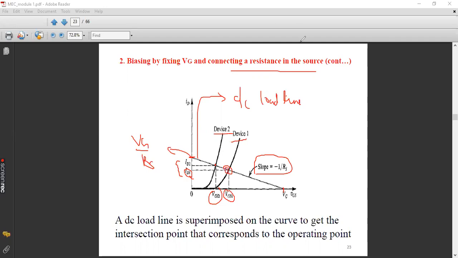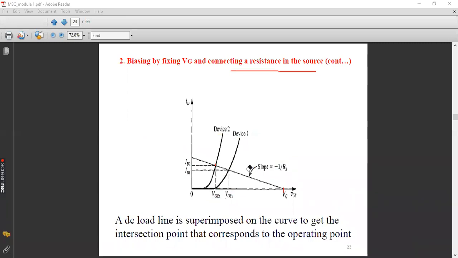I hope the objective of our study is clear for you, and later we will come to the derivations, how we have attained the slope and how we have drawn the DC load line. As of now, you just copy this particular graph. Make sure that you are indicating all those relevant parameters in x-axis and y-axis.